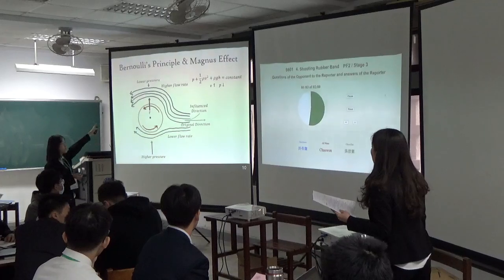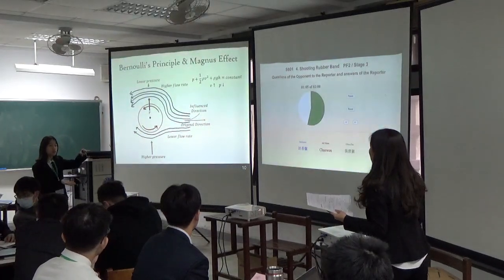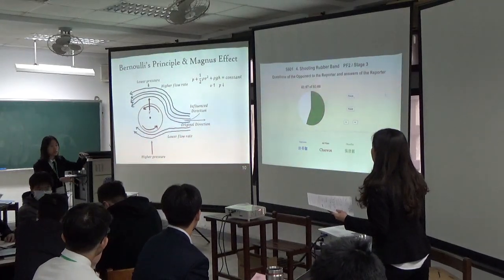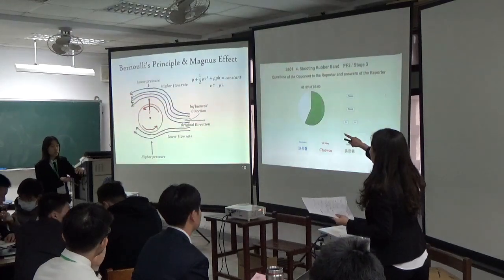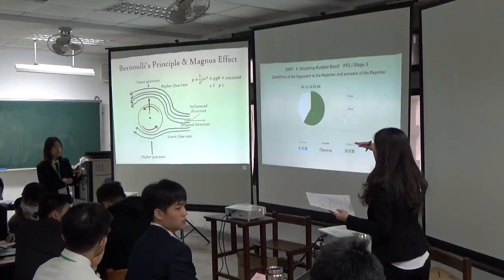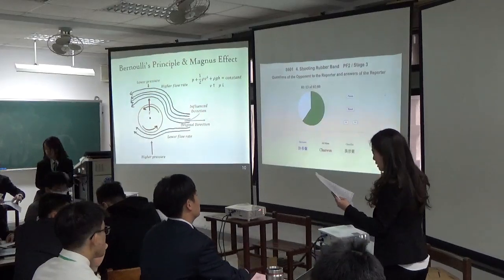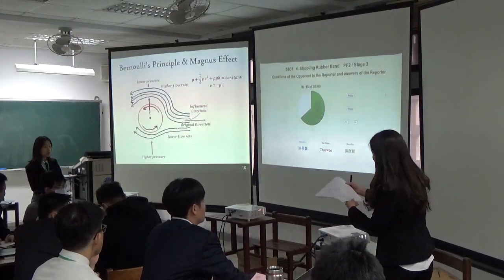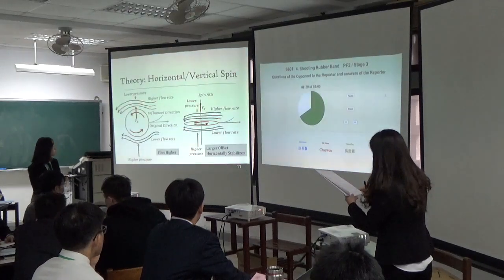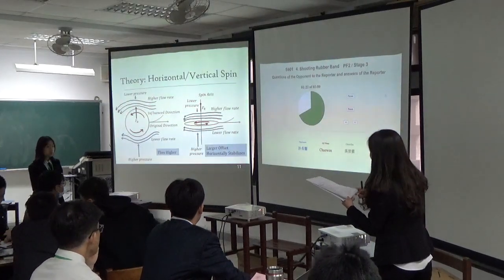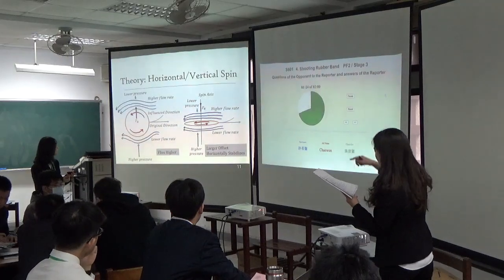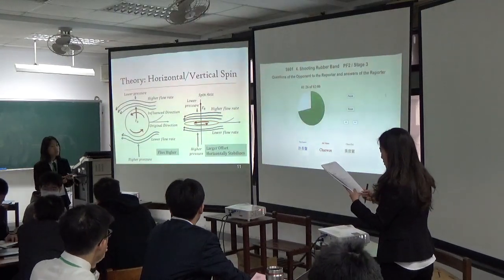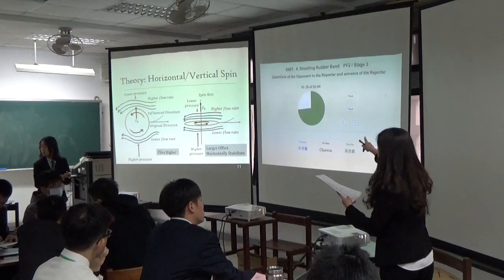I'm focusing on the difference of the flow rate, so I can know which direction the influence will be in. But doesn't Bernoulli's principle assume the air is flowing ideally? Okay, next question. This is in the ideal condition. Can you go to slide 11? Did you consider the horizontal torque on the horizontally flying rubber band? No. Can you go to slide 12?